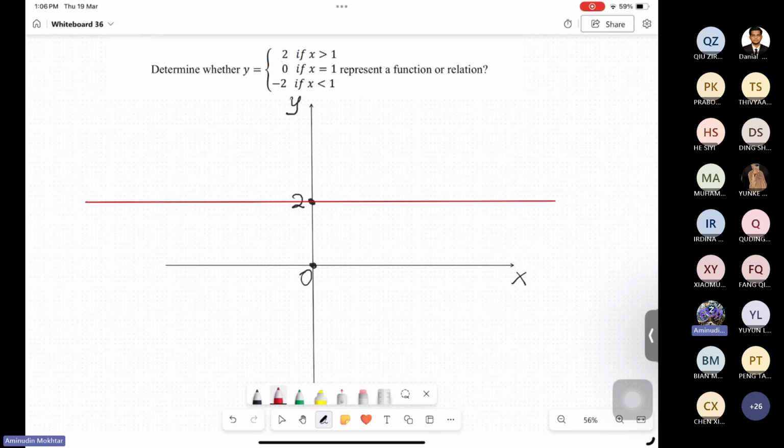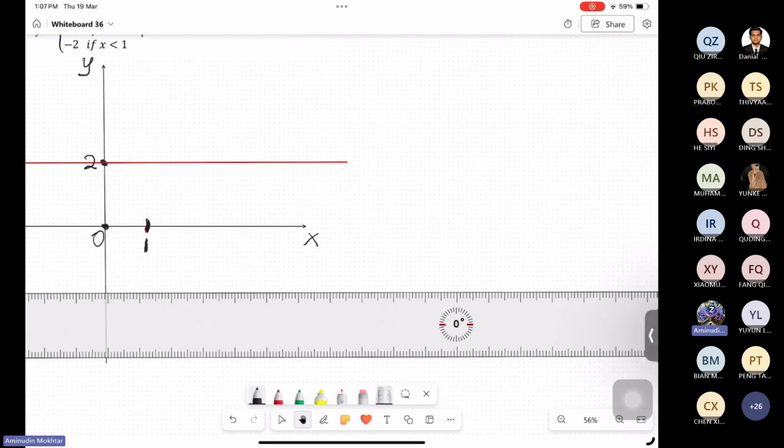This line exists if x greater than 1. So where is x equals 1? Let's say that x equals 1 must be here, I just plot x equals 1 here.